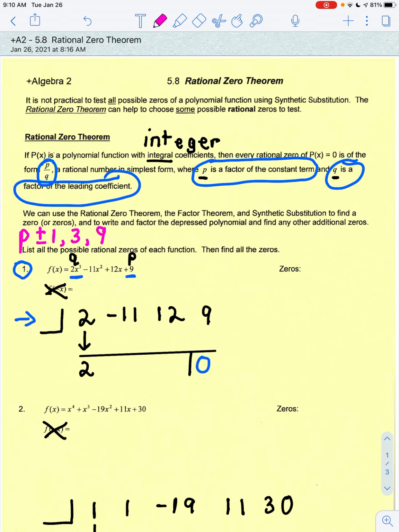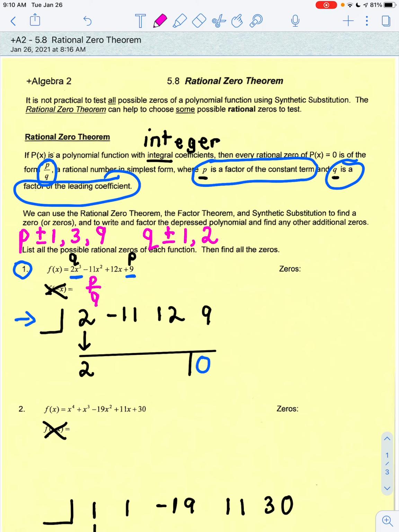And for q, the leading coefficient, which is 2, the only factors would be 1 and 2, and again, they can be both positive as well as negative. You will notice I crossed out f of the opposite of x. For now, that's not something you need to worry about.